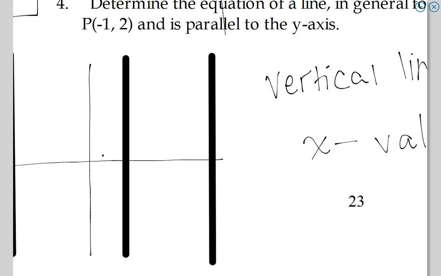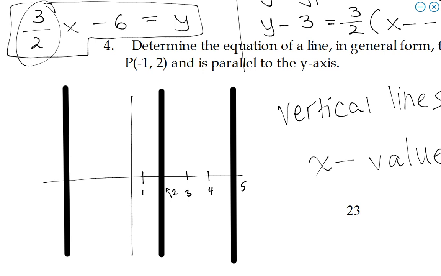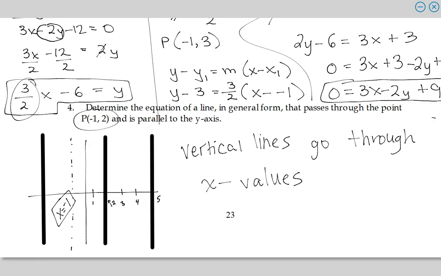Like if this was 1, this one would be 2, this is 3 and 4. What would this one go through? 5. So which one does R go through? Goes through that point. So which x value does it go through? Yeah, it's right here. This is the one we want. X equals negative 1. Final answer. That's all you gotta do.